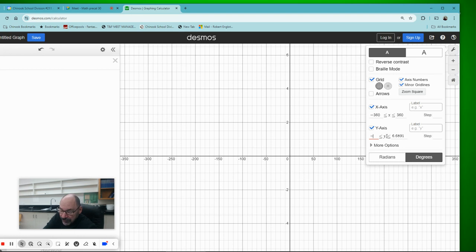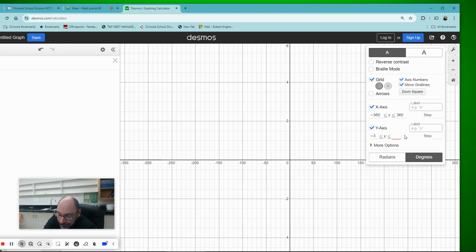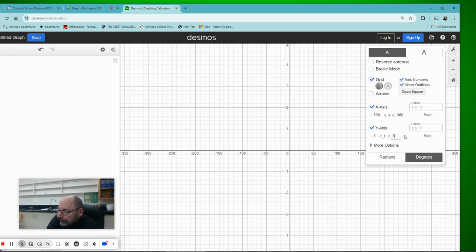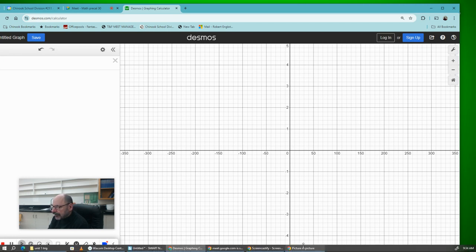So I'm going to go from negative 5 to positive 5. And that sets my graph up. So if I click that, there's negative 360, there's positive 360 on the edge, and it goes up to 5, goes down to negative 5.